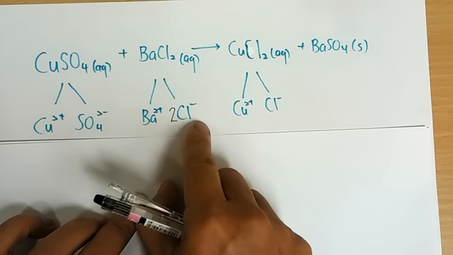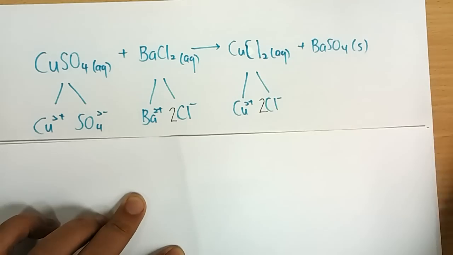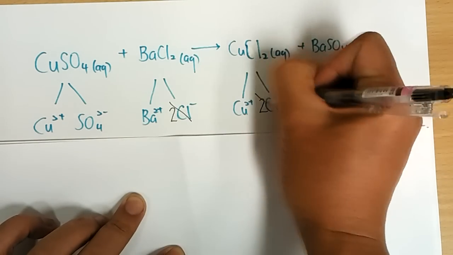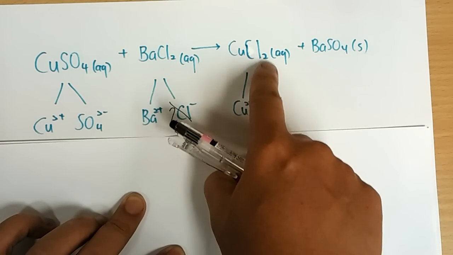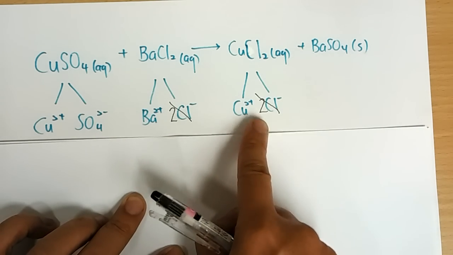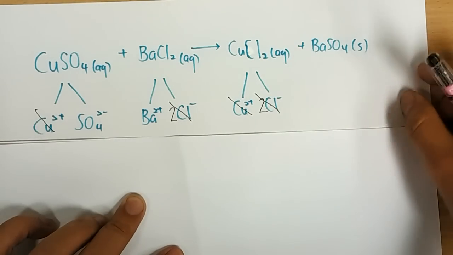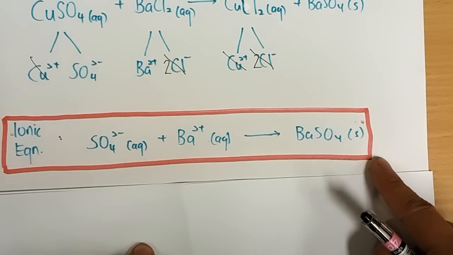Ba2 plus, 2Cl minus. So basically the chloride ions will cancel off each other nicely. If you have 2 here and 1 there, it means your equation is not balanced, or you have forgotten to put the 2 down. So what else can we cancel? Copper, and this is what is left of the ionic equation.